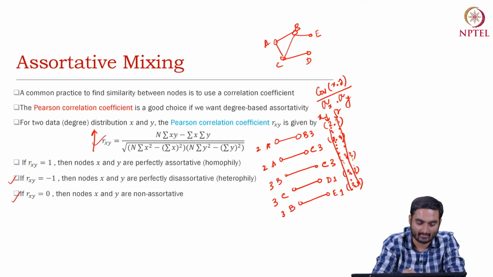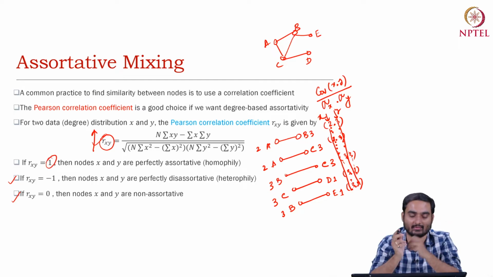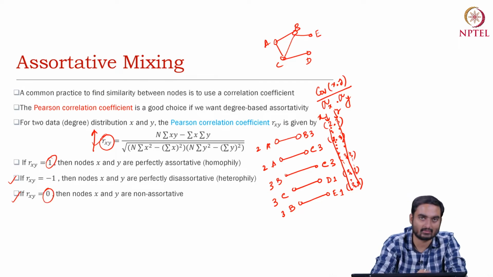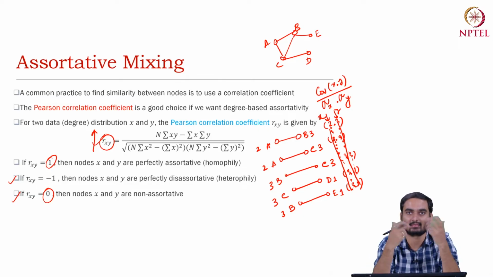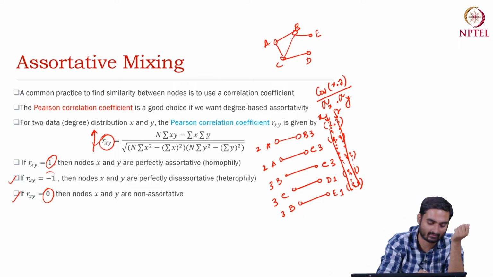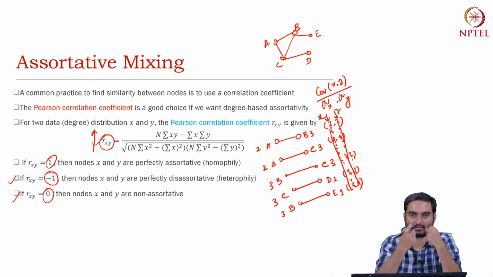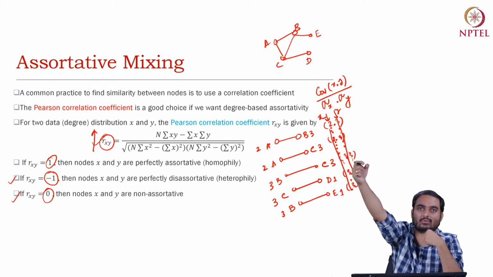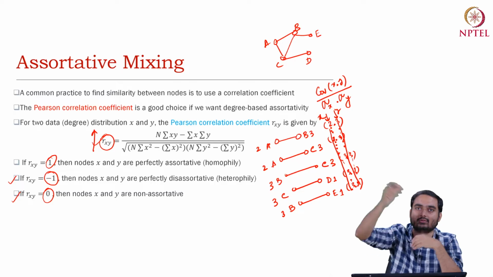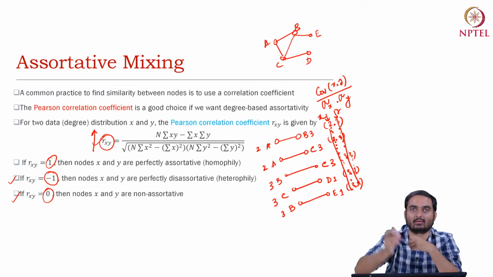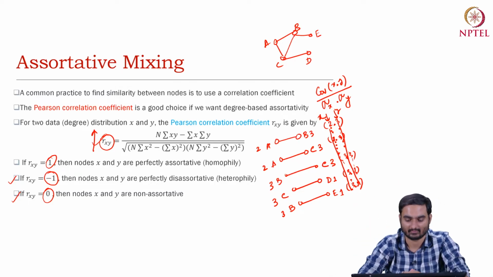If the Pearson correlation tends to be 1, then it is perfectly assortative. If it tends to be 0, then it's basically random. And if it is -1, then it is negatively assortative, meaning that node 1 is connected to node 5, for example. So it is a completely disassortative network.